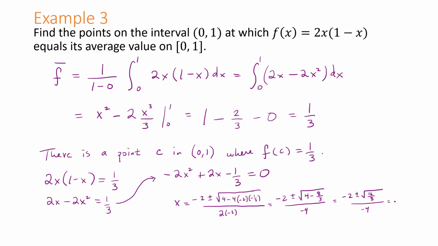So it'd be -2 divided by -4 is 1/2, plus or minus the square root of 16 is 4 over square root of 3, and then dividing by the 4, so I think it would just be 1 over the square root of 3. Let's verify quickly that those values are in fact in the interval, or at least one of them is, because we get two solutions here.